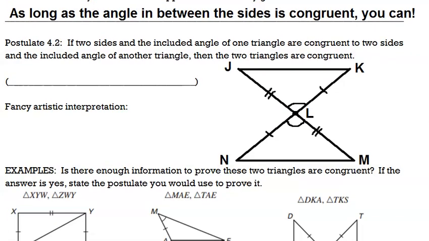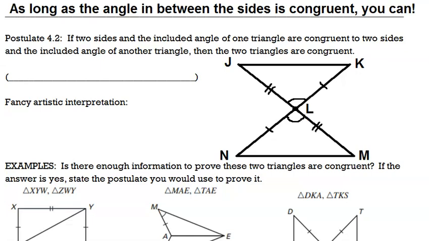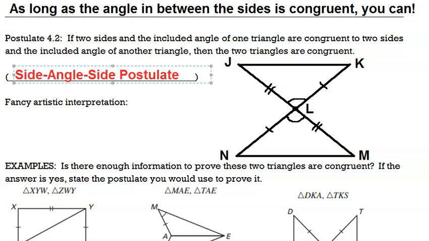Now, the key here in the name is going to be to follow my arrow. We have a matching side, then we have a matching angle, and then we have another matching side. So the way you would have to name this would be the side, angle, side postulate.